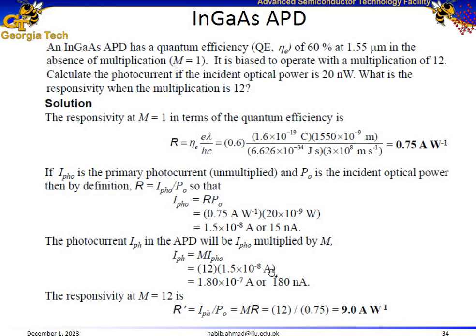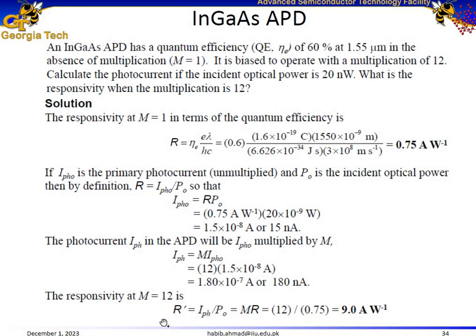Now, the multiplied photocurrent is equal to the multiplication factor times the primary photocurrent. So, the multiplied photocurrent is 180 nanoamperes.